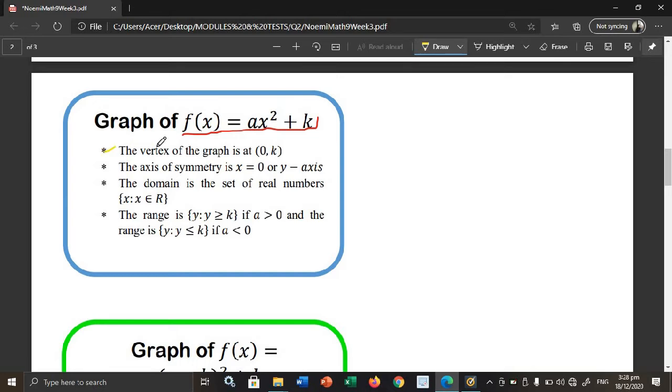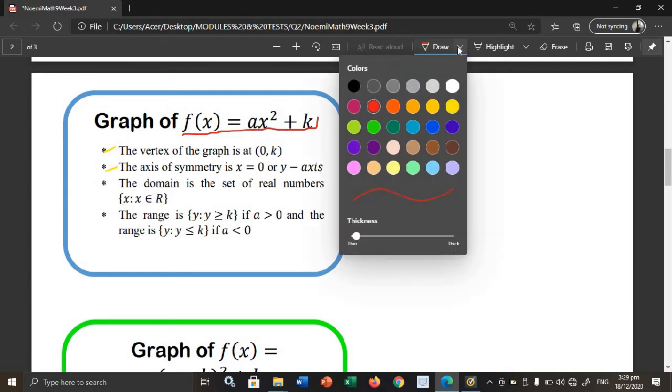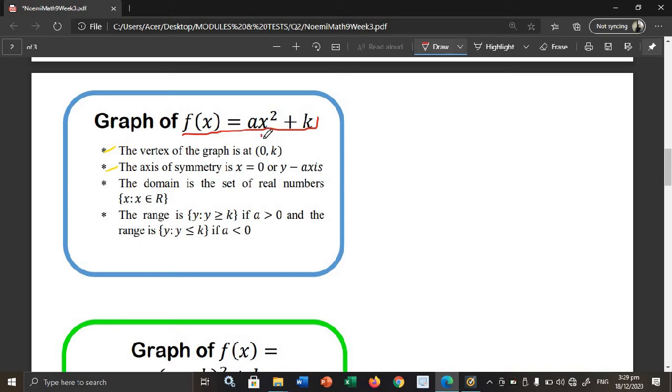The vertex of this type of quadratic function is at 0 and then k. So, meaning yung value ng k yung ilalagay mo dito. Okay? And then the axis of symmetry is based on the value of h in your vertex. So, always po ito, we have h and then we have k.